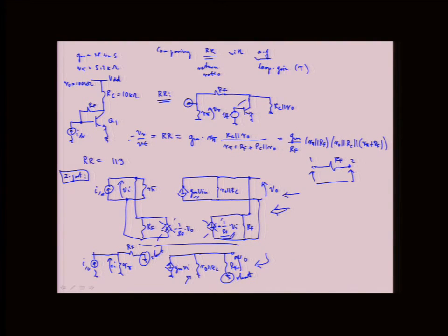So let's write it out so you'll see. Just by looking at the top piece over here, we can write A and F as minus GM minus 1 over RF. This was our Y21A and this was our Y21F in the previous analysis.